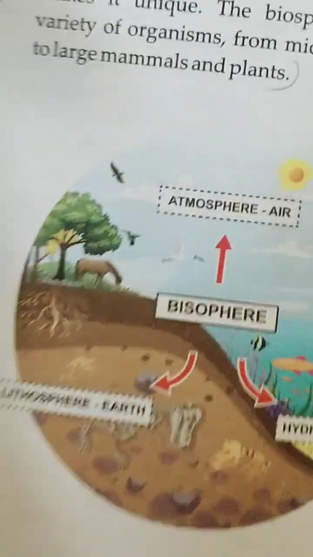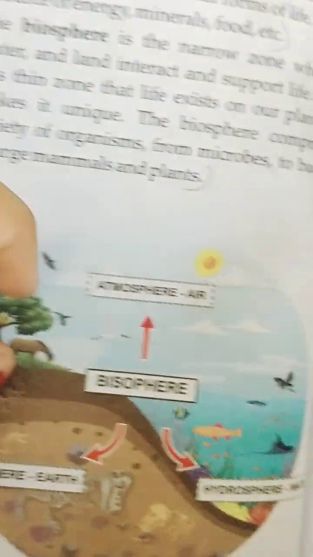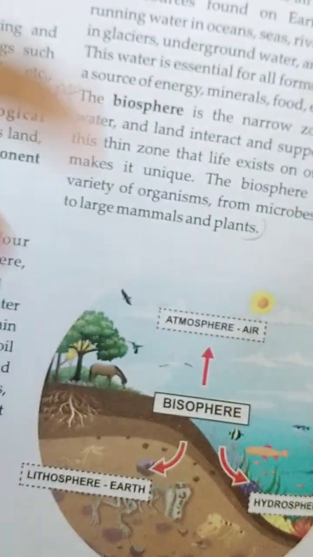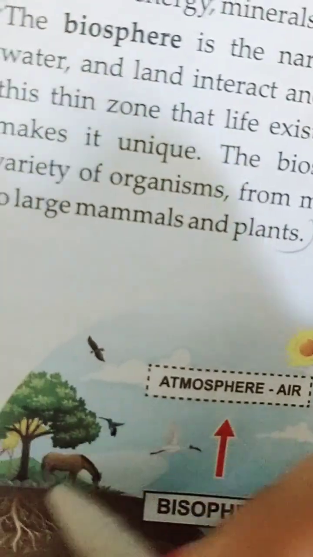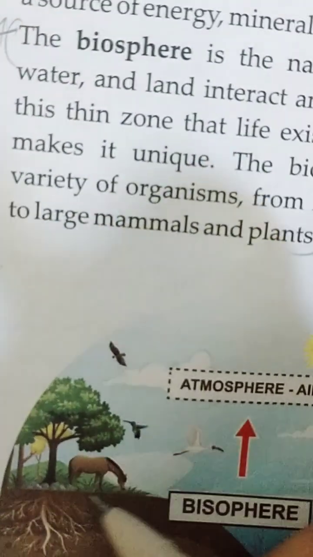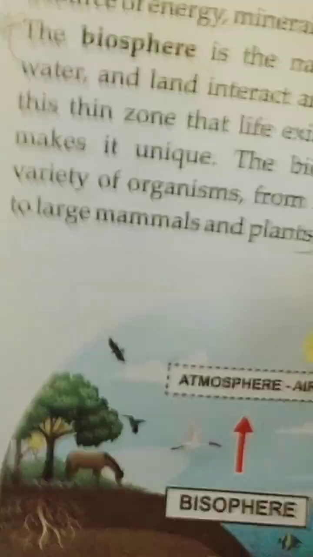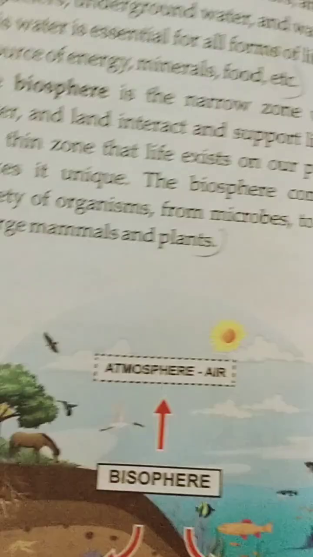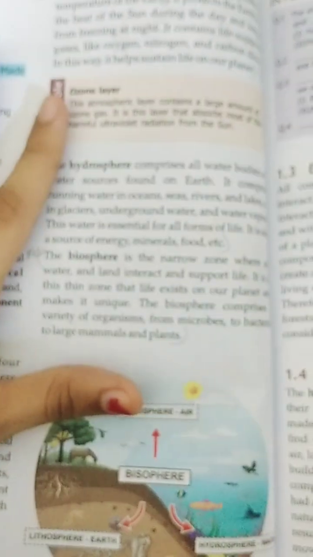The biosphere comprises nothing. I am joking. It is a thin zone, a very thin zone, and it makes our planet very unique. You know, birds, trees, and horses, no other planet has any of these. We will understand this in science.